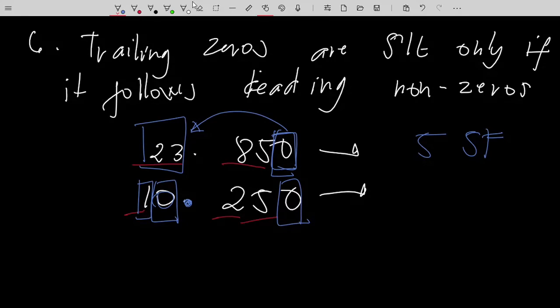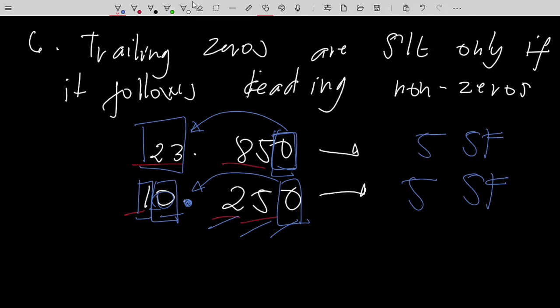Now this trailing 0 will be significant only if it follows a non-zero value. So here we have 1, 2, 3, 4, 5. So here we also have 5 significant figures. So that's it. Those are the 6 rules of identifying and counting all the significant figures.